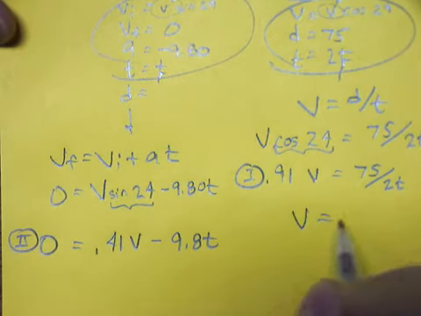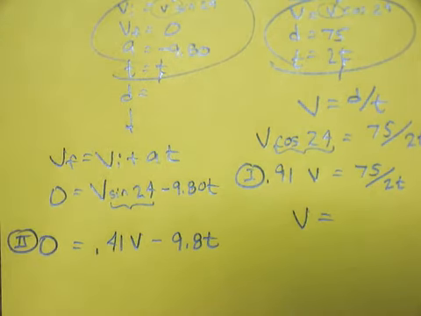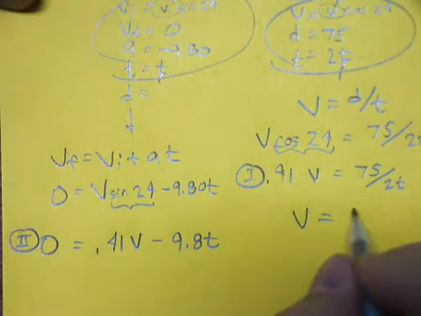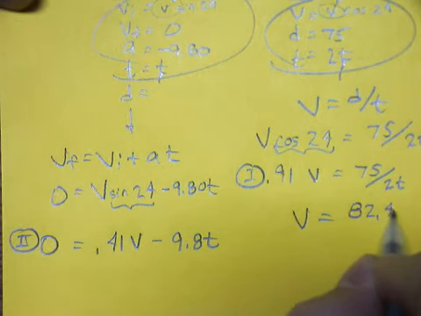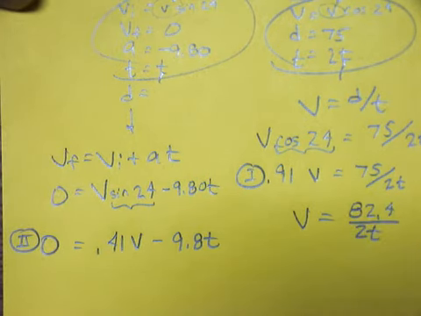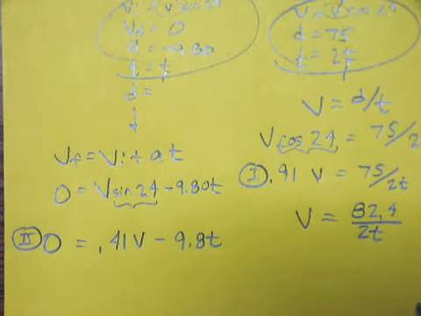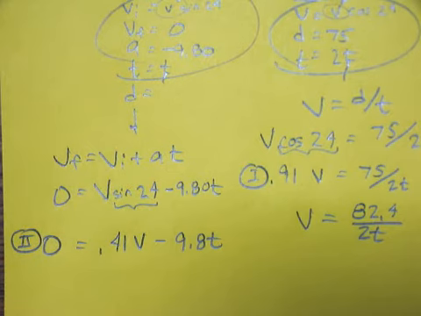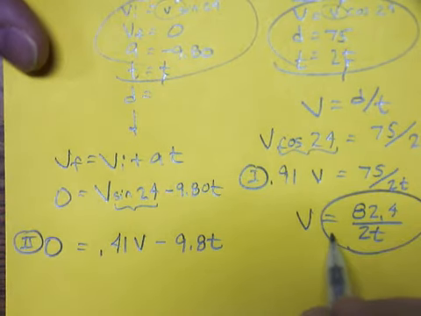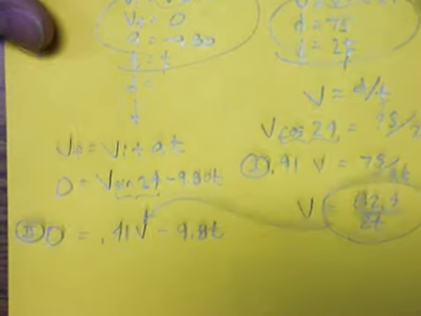Alright, so v equals, divide both sides by 0.91. So 75 divided by 0.91 is 82.4, so 82.4 over 2t. Let's just go ahead and stick that in over there.